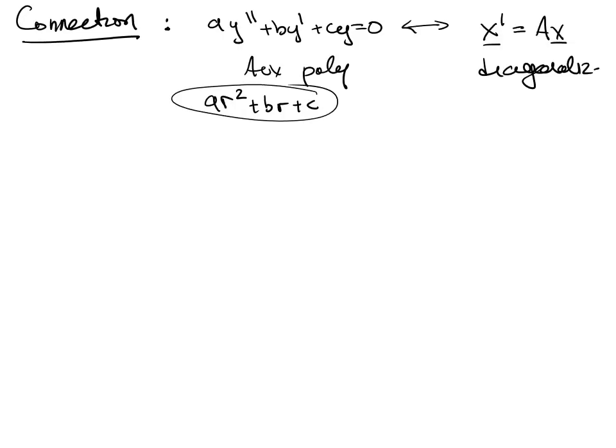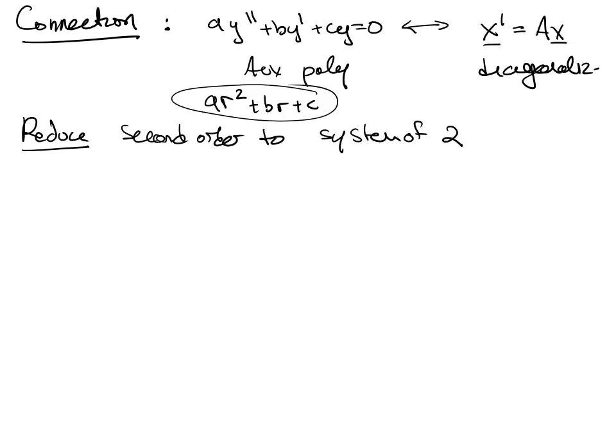Okay. But now, suppose I didn't know about the auxiliary polynomial. Suppose I wanted to reduce the second order equation to a system of two first order equations.